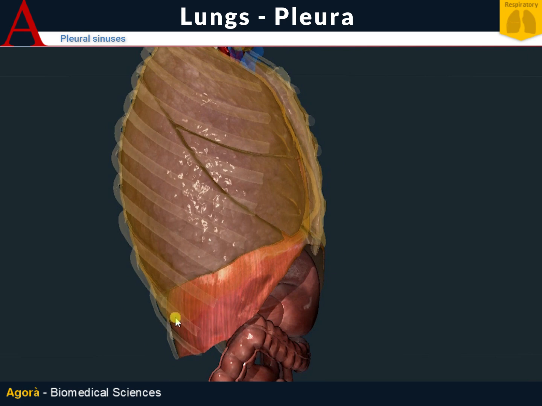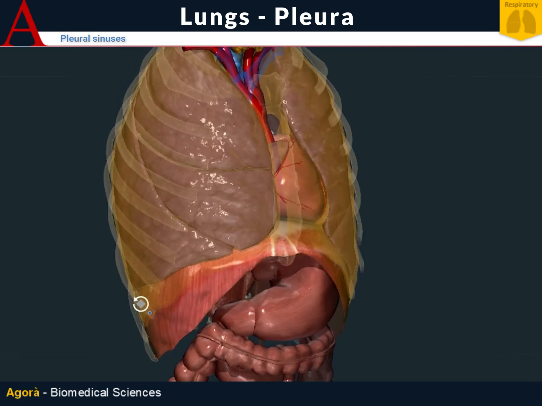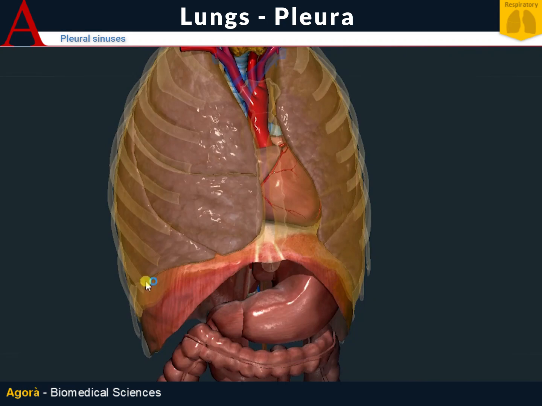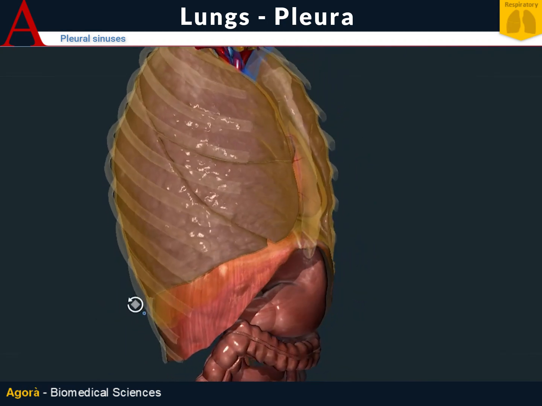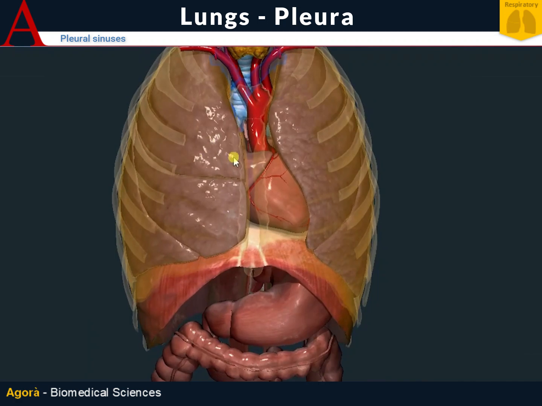However, even at maximum inspiration, the lower margin of the lung never reaches the lower margin of the costal diaphragmatic recess. In fact, its projection is much lower than the margin of the lung, as seen above.